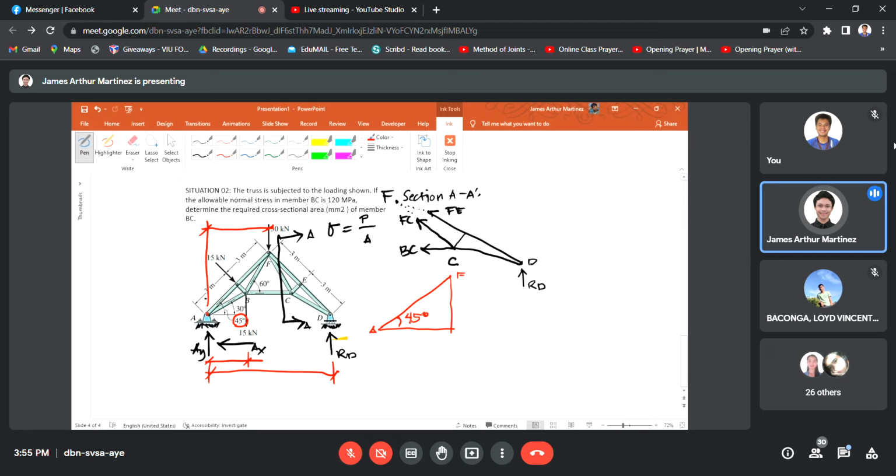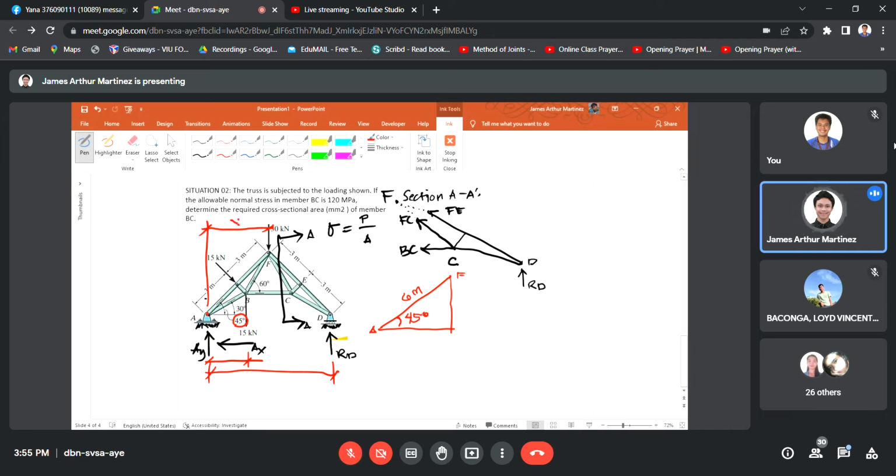Also given is the total span of this member, which is 6 meters, for all 3 plus 3. So we can compute this distance.